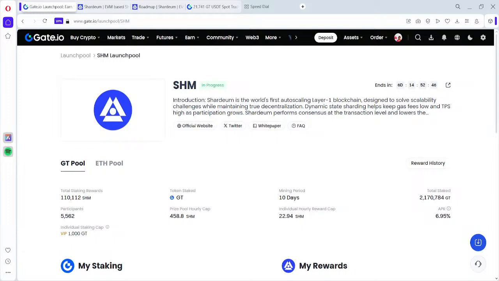Next, it is an EVM based smart contract platform, which refers to the compatibility of a blockchain network with the Ethereum Virtual Machine, allowing it to execute smart contracts and transactions that are compatible with Ethereum's existing ecosystem.